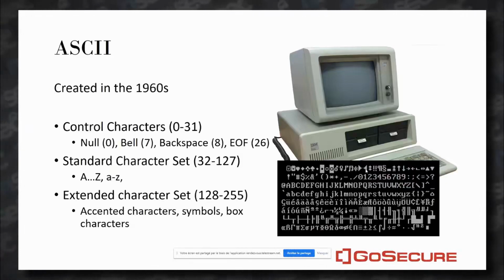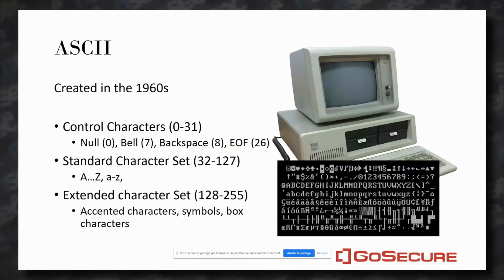Then we have the extended character set, and those are aimed at covering special characters in text. So if you are writing maybe a French text or a Spanish text, you'll have accented characters in your text. The idea is that all accented characters will be stored in this section.